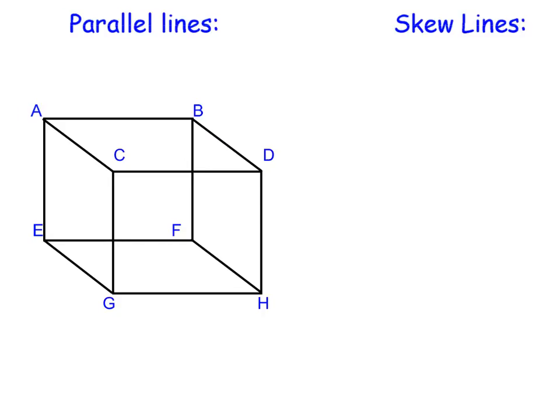Last two vocabulary words. Parallel lines. Parallel lines are lines that go in the same direction. Now, in our picture here, we're going to look at some examples of parallel lines.